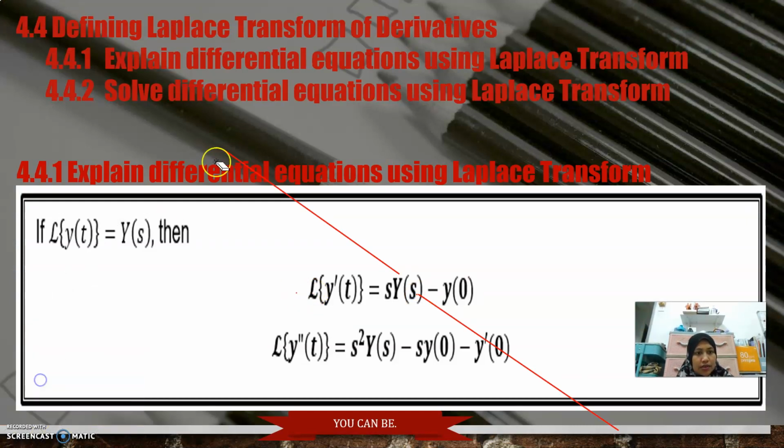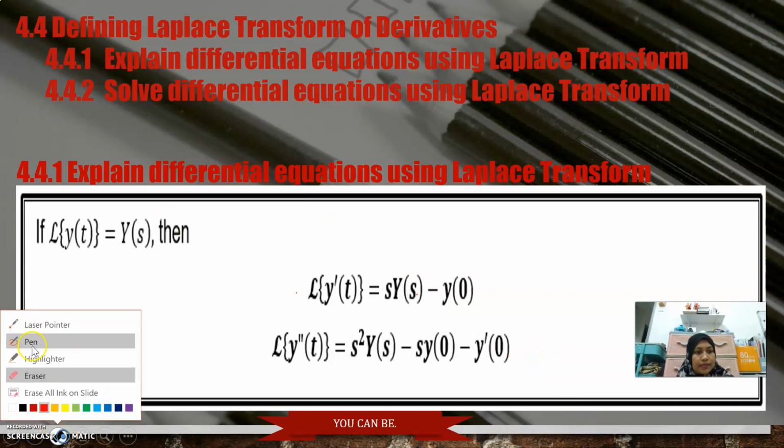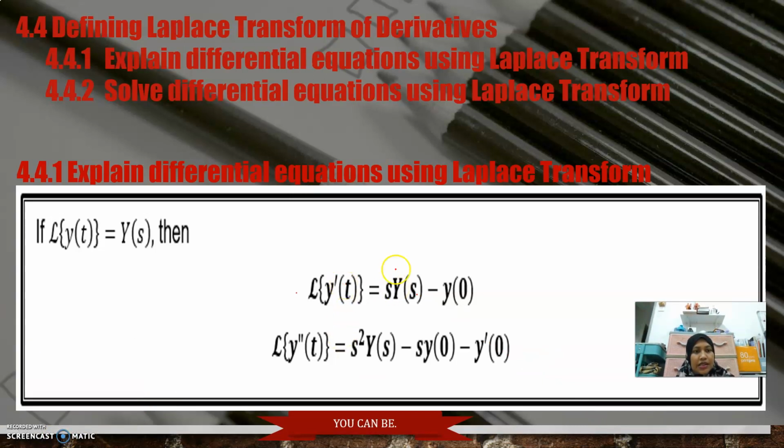The statement given to us, if Laplace of y(t) is equal to Y(s), then Laplace of y prime t will be sY(s) minus y(0).